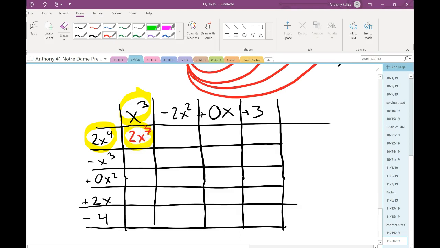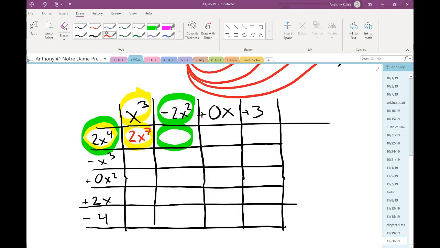Good, 2x to the seventh. So we add the exponents when we multiply. Let's say we move one box over. How would I get this box? Negative 2x squared times 2x to the fourth. So that's negative 4x to the sixth.